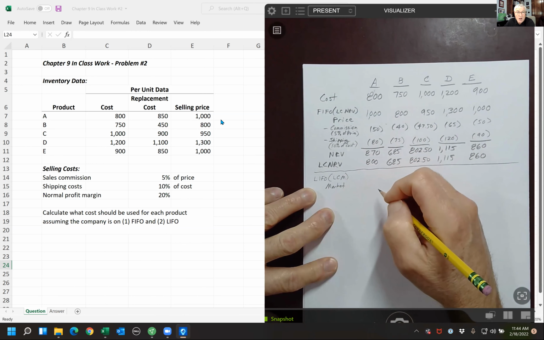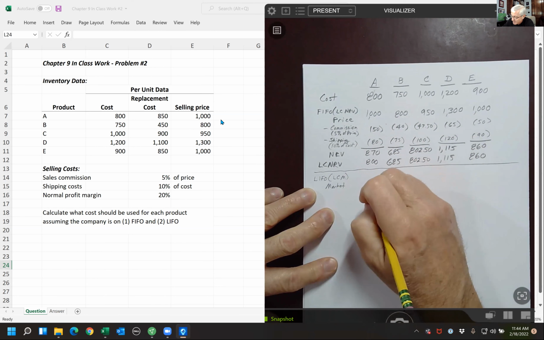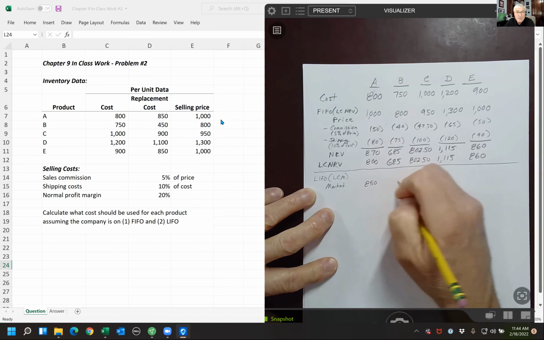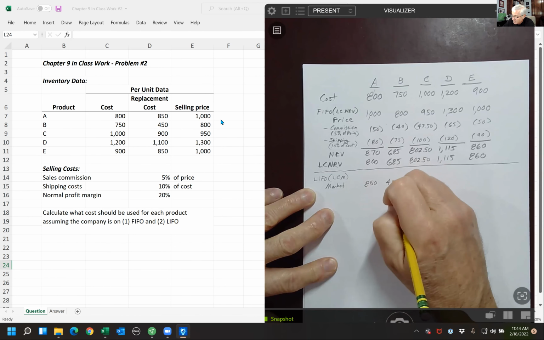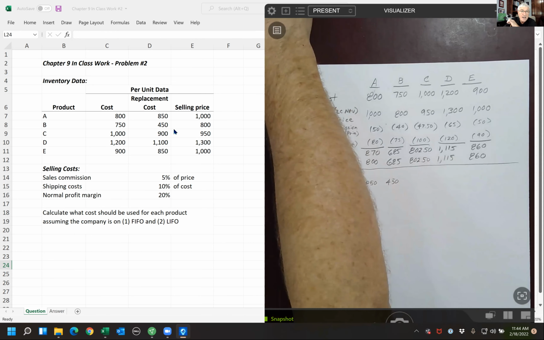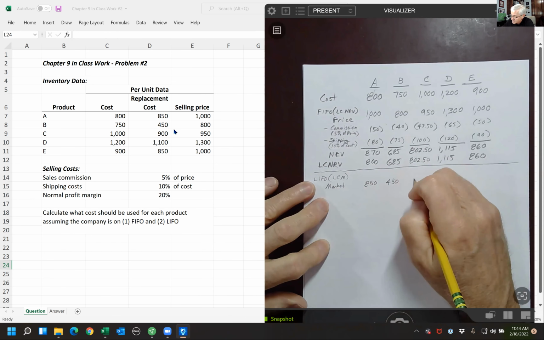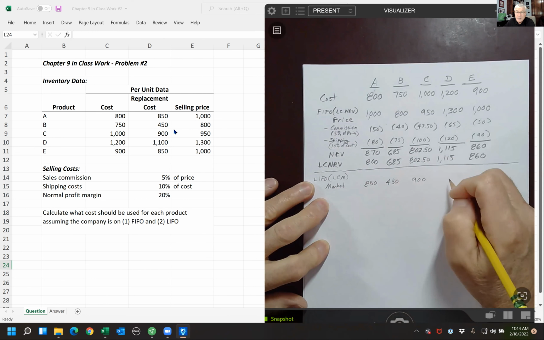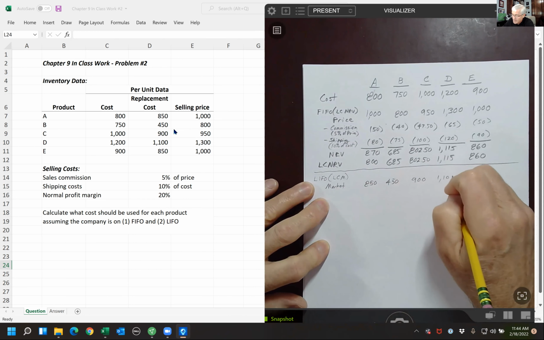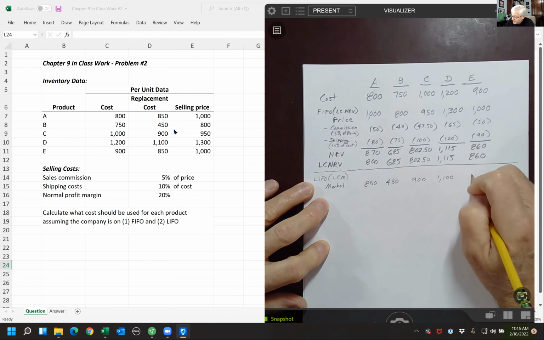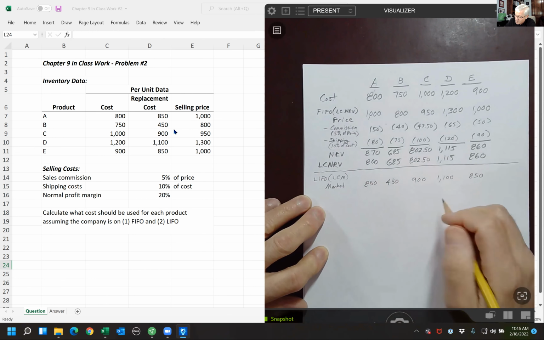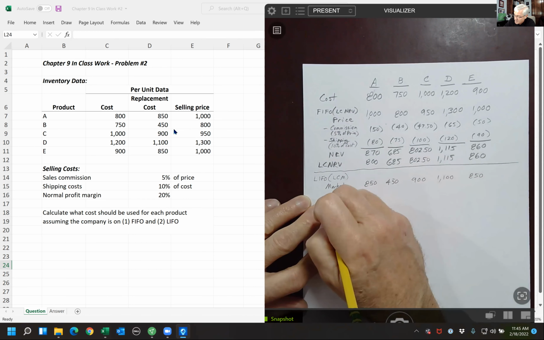Which is the replacement cost, is what we consider the market. 850, and I'm pulling this right off the spreadsheet right here in the second column. 900, 1,100, and 850. Let's go get the ceiling and the floor.